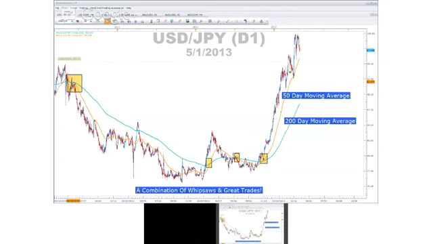So it's supposed to make it a little bit faster. In the end, I actually prefer the exponential just because it's a little bit faster, but in the end, I also feel that really the signals are not going to change too much. You just might get the exponential moving average, which we see here, a little bit closer to price than we would see on a simple moving average.